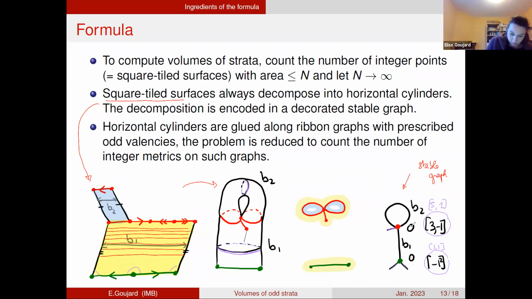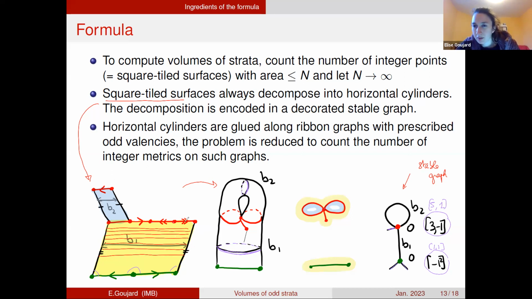So for each type of decomposition, for each stable graph, what I want to do is to count the number of such square tile surfaces. And to count the number of such square tile surfaces, I have to evaluate how many choices of parameters there are, like the heights of the cylinders, the twists of the cylinders, the length of each of these segments.